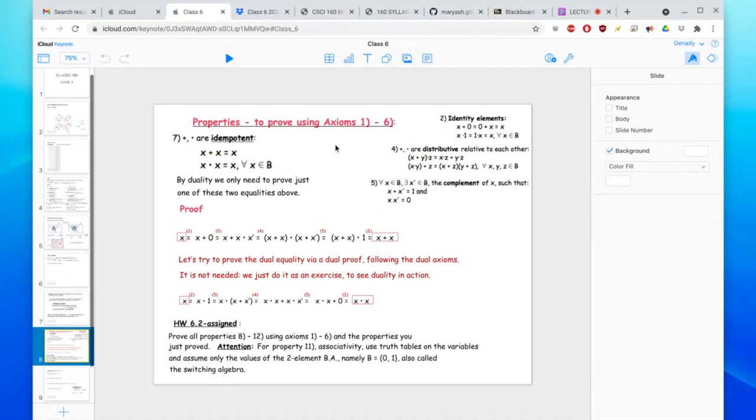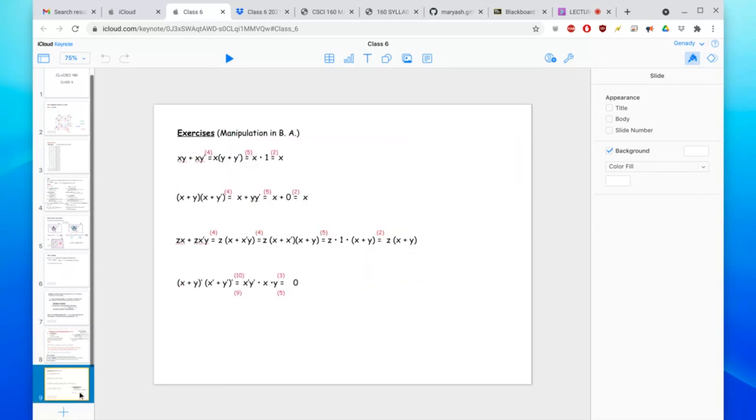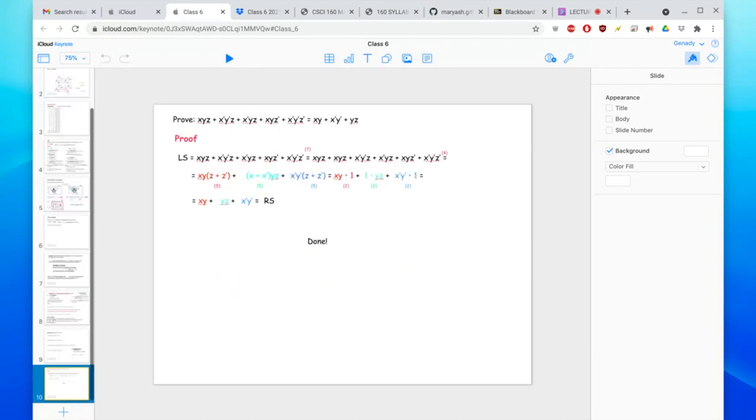I'm going to post the slides for today, so you'll be able to right away download the 9 slides for today. In slide 8, you'll see the homework, and I also will create a submission link and post it on the homework page.